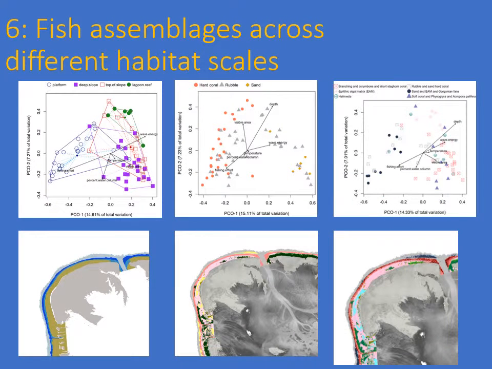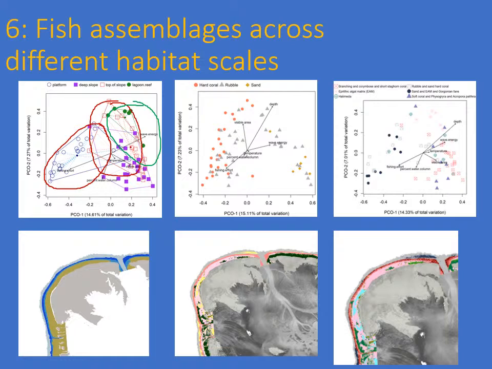In the sixth chapter, we looked at the fish assemblages associations with habitat across a number of the habitat scales. So we looked at the broadest scale, geomorphic reef zones, which it was shown that the fish that were sampled in the same habitat zones tended to be more similar to each other than those that were sampled in further away habitat types.